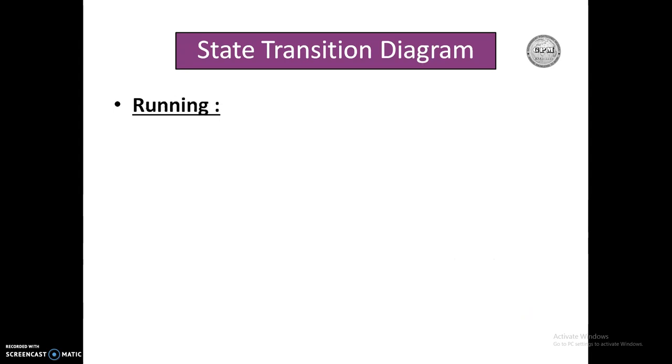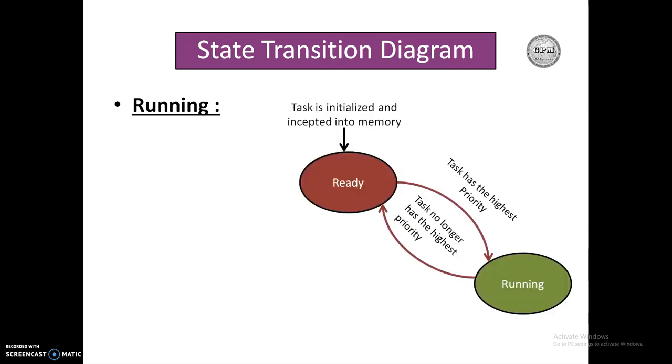Now let's see about the running state. We have already seen that a task moves from the ready state to the running state if it has the highest priority. If not, then it will again go back to the ready state.